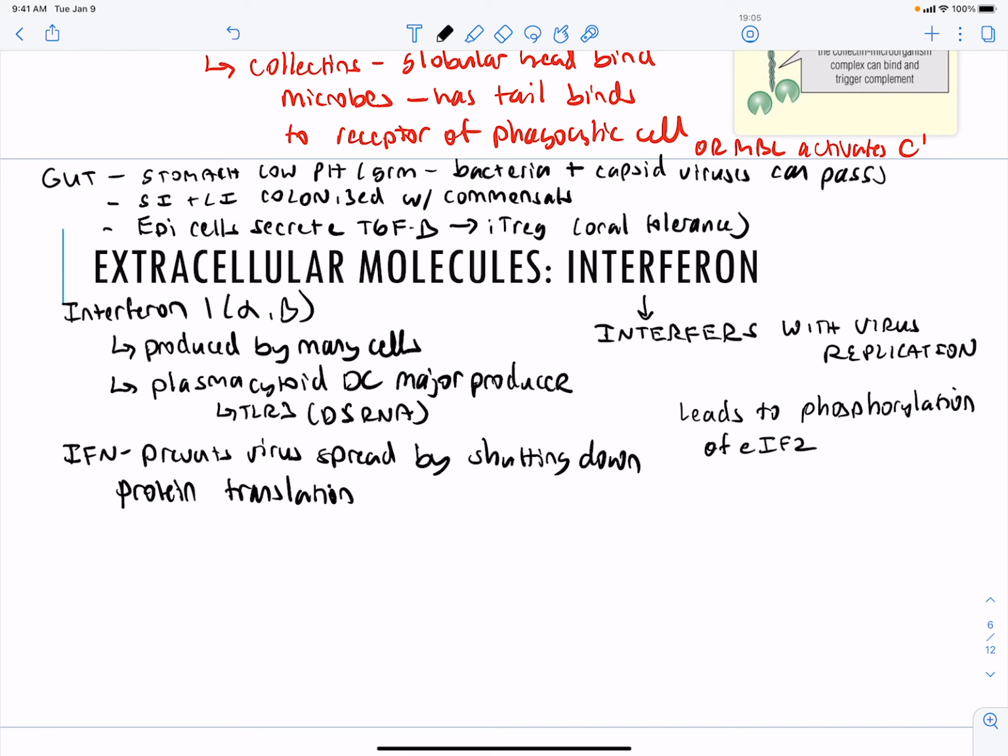And so interferon is going to interact with our translation machinery and shut it down. So no virus proteins will be made, but also no cellular proteins will be made. It does have that side effect of inhibiting even protein synthesis in the cells. So the cells, if the virus doesn't get neutralized, could potentially die too from that. It can also be diffused and act in a paracrine manner.